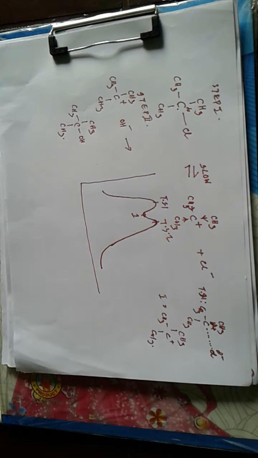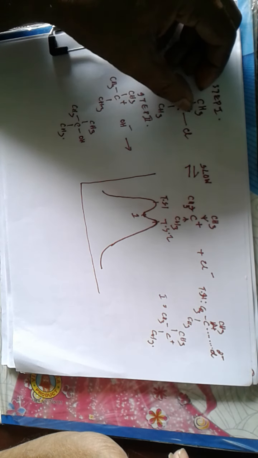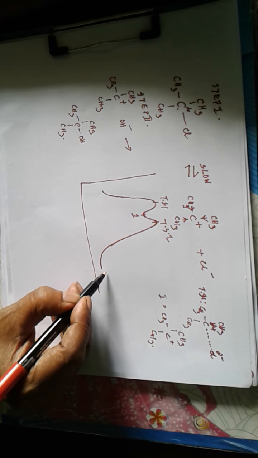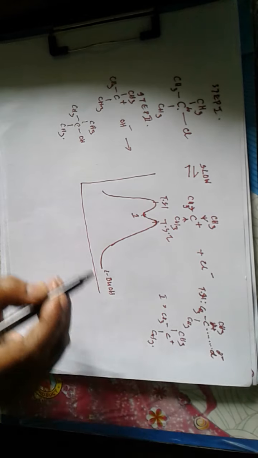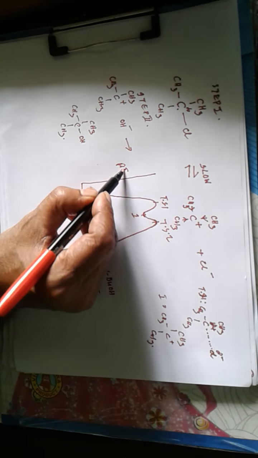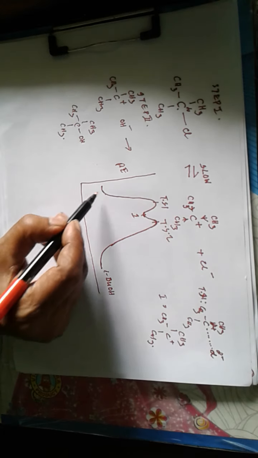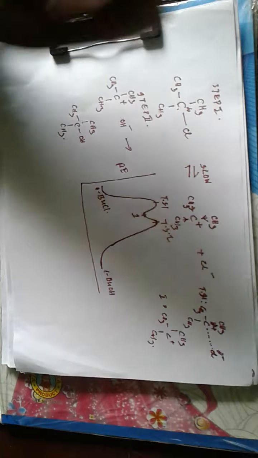And again the C-Cl bond has a lower strength than the C-O bond, so the product, that is t-butanol, will have a lower potential energy than the reactant, that is t-butyl chloride.